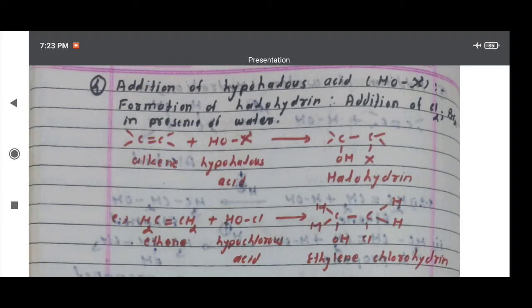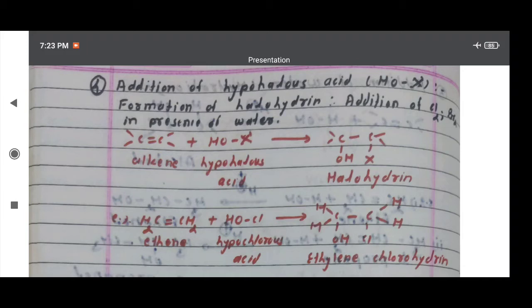Alkene C double bond C reacts with hypohalous acid. Then OH group is attached to one carbon atom and halogen atom attached to the second carbon atom, formation of a halohydrin. For example, ethene CH2 double bond CH2 reacts with hypochlorous acid HOCl.